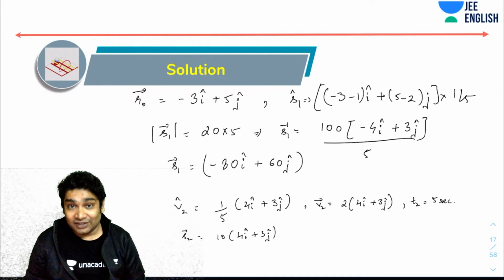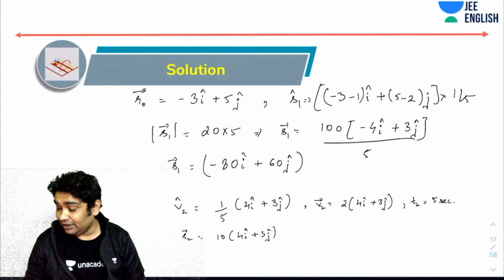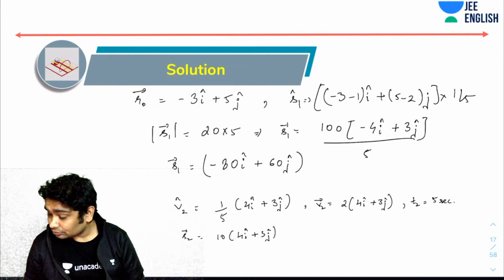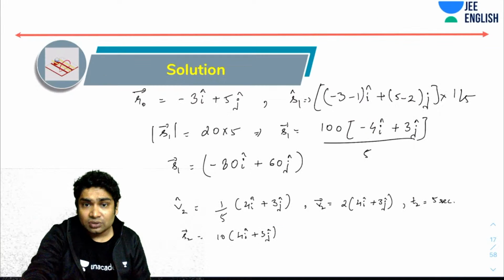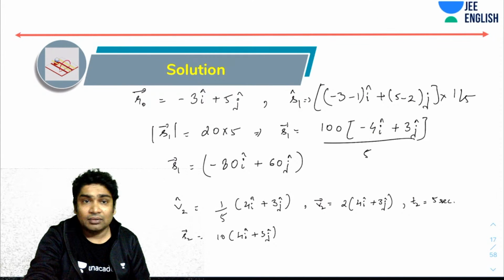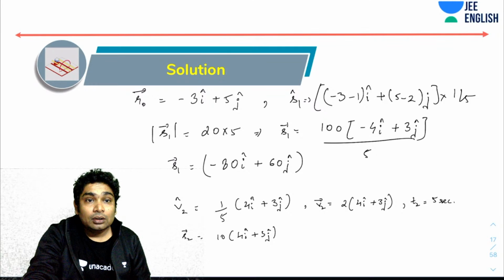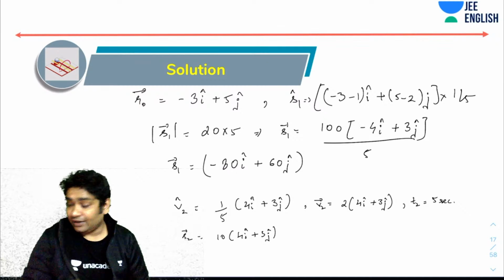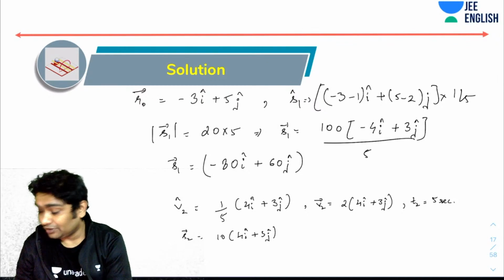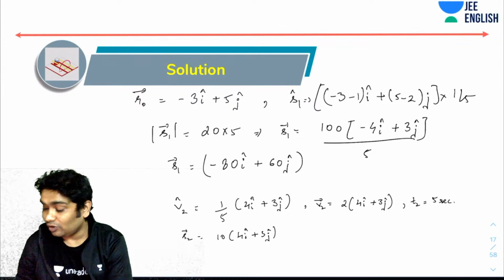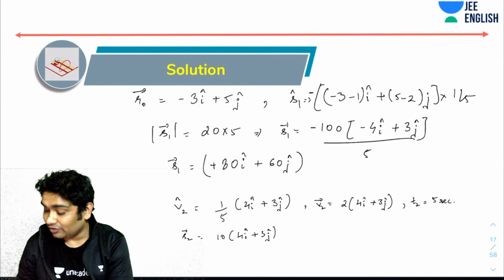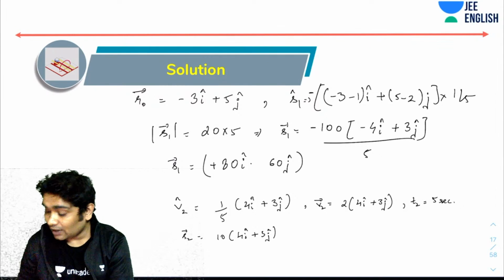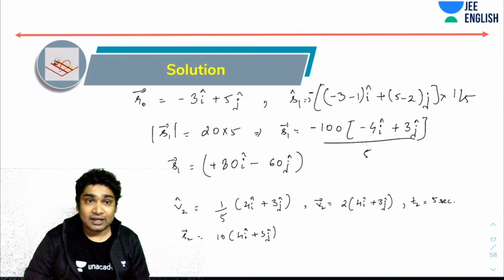So the displacement in the first 5 seconds is actually this, which is correct, 80 i cap minus 60 j cap. That again seems to be a problem with the sign. Yeah, final minus initial. Minus sign here because you always take the displacement as final minus initial. So this is the first displacement that you get.